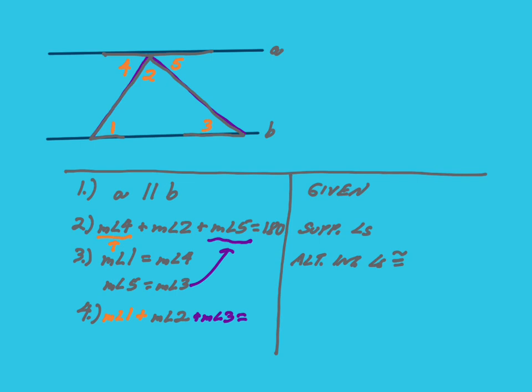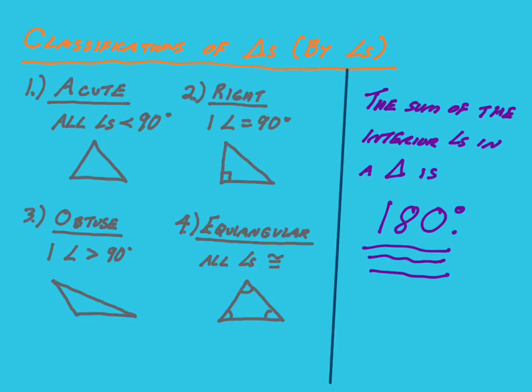And that equals 180 by substitution. Well, what do we see? We see that angle 1, angle 2, and angle 3 are all inside of this triangle. Therefore, we come up with the rule: the sum of the interior angles in a triangle is 180 degrees. How about that?